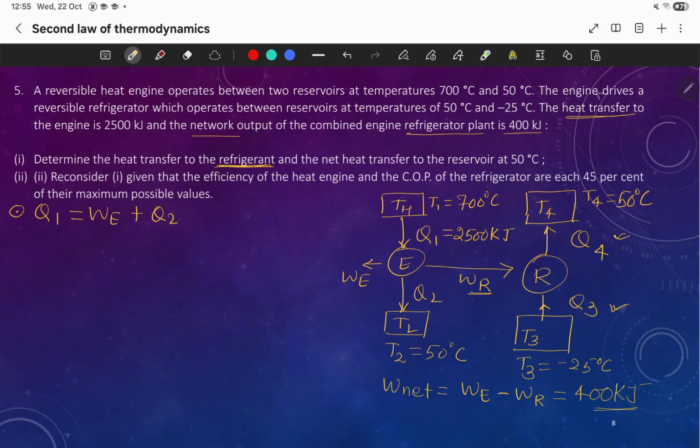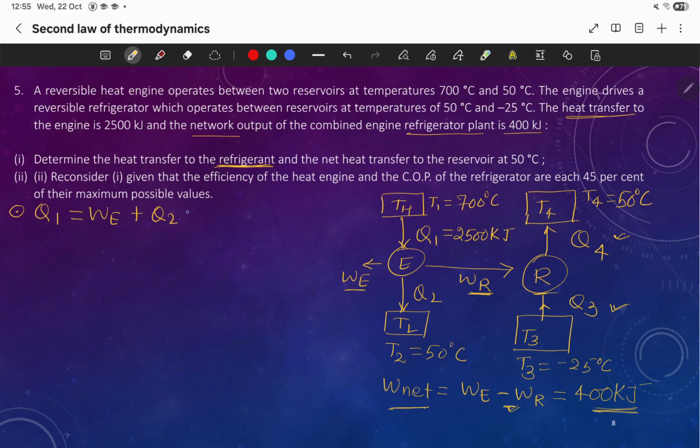Here W net is given as 400 kilojoule. This will be the work done by the heat engine, and this will be the work done on the refrigerator. We have taken this negative sign to show that work done is on the system.